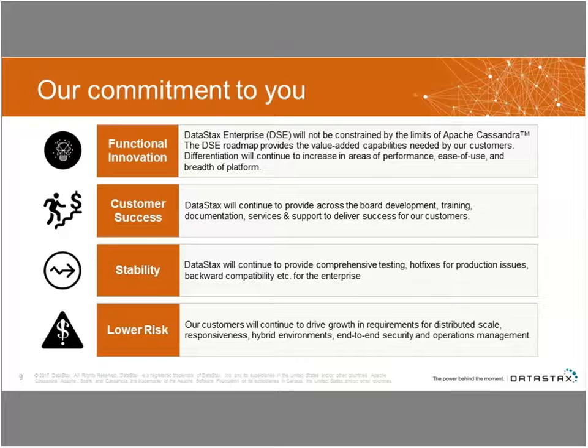All of this means it's lowering risk for you. So you're continuing to have a distributed, scalable, responsive, hybrid environment, and you can rely upon the security and operations management capabilities that we provide to you. Everything means you're going to lower the risk in your own deployment.